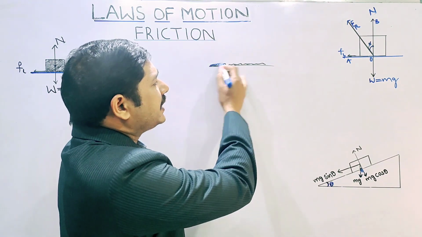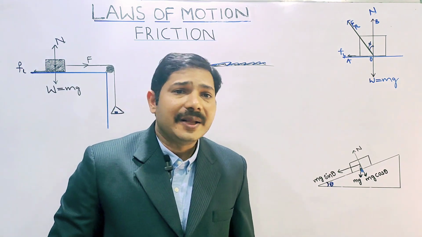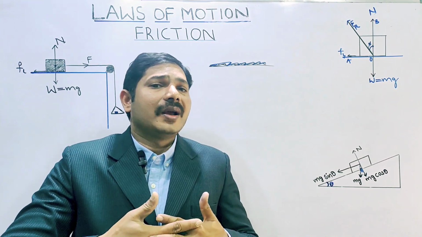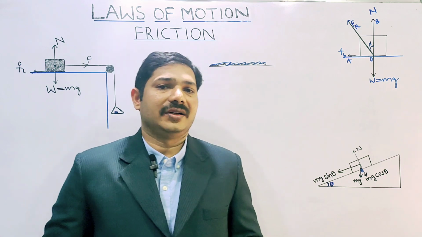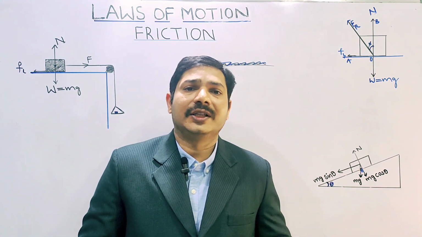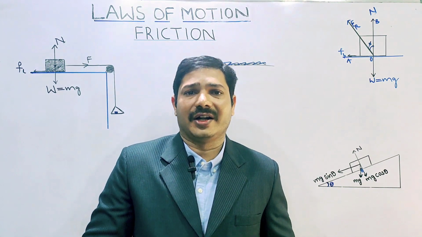When they interlock between these elevations and depressions, the body does not move. This is called frictional force. Frictional force is nothing but the opposing force between two bodies in contact.